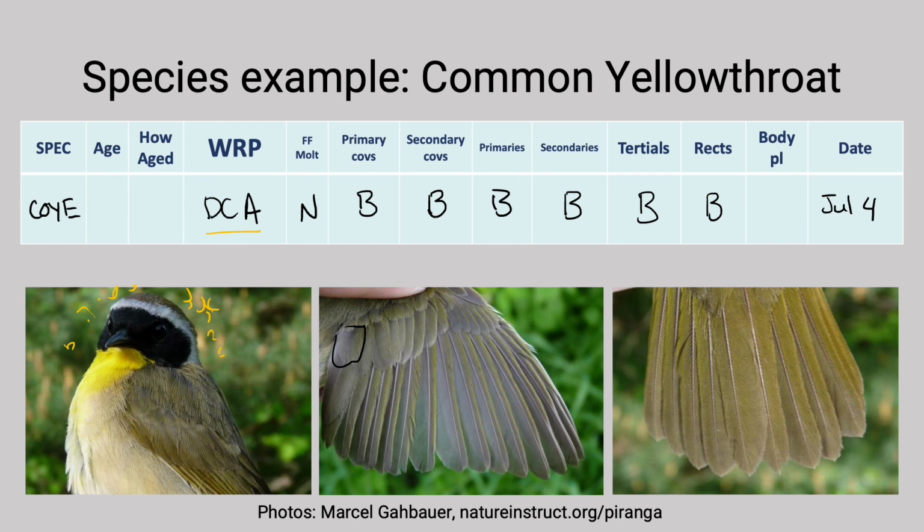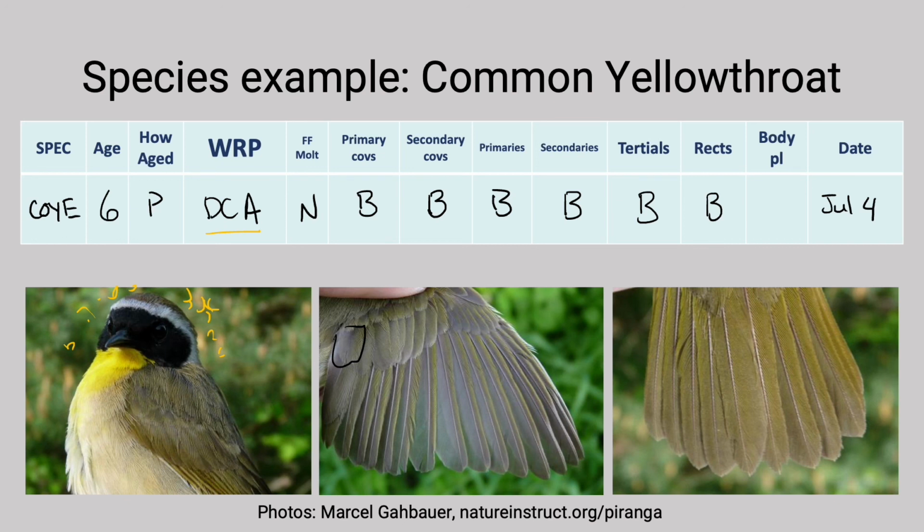All right, how aged? Based on plumage, it's all uniform plumage. On July 4th, based on the amount of feather wear, and you could put feather wear in there also as a category if you wanted to, this is going to be an after second year bird.